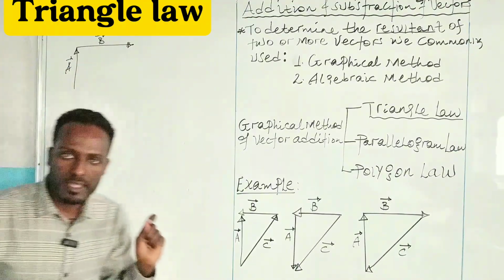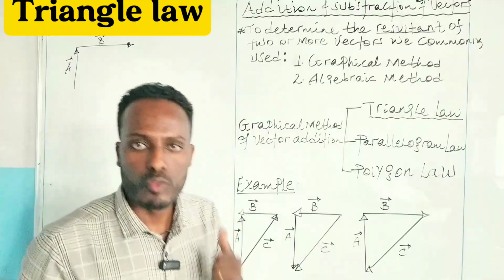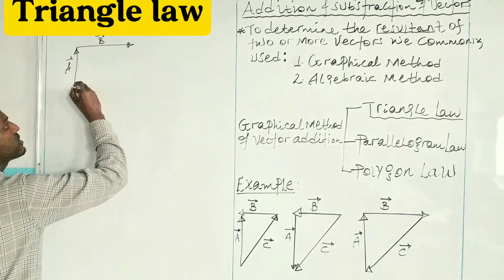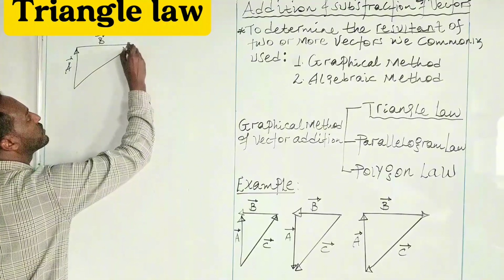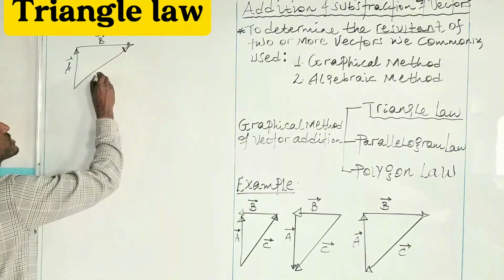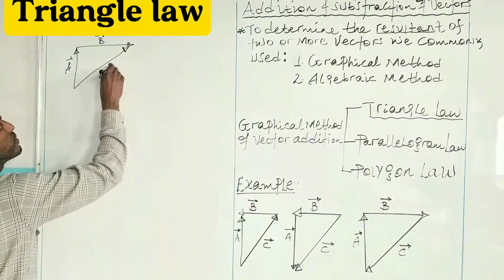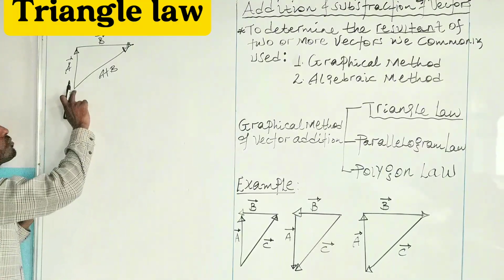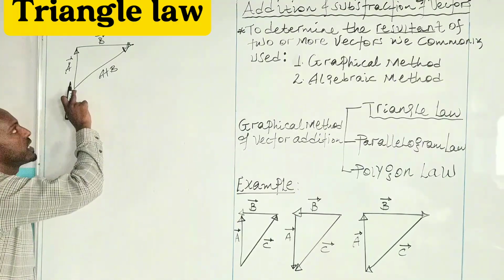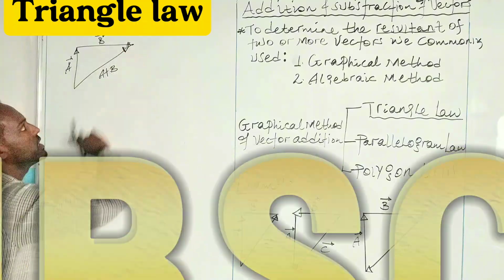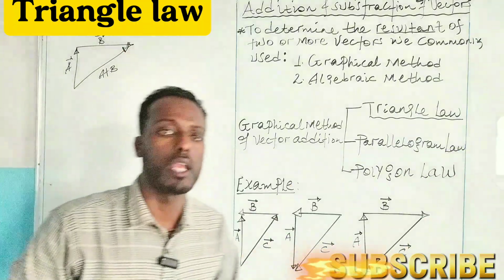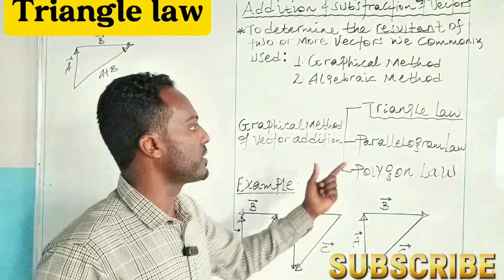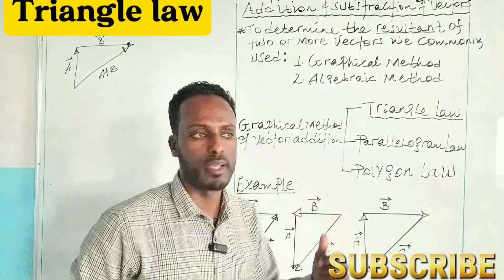So the resultant or the summation of the two vectors is drawn from the tail of the first to the head of the last or the second vector, which is A plus B. So this is all about how to combine vectors by using the triangle law of vector addition.